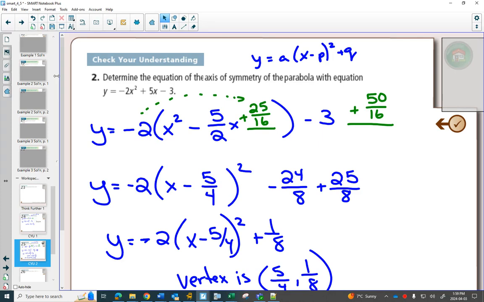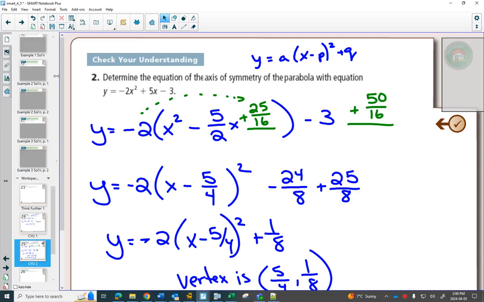Okay? And what you're going to find is probably an easier way of thinking about it is whatever you have here, the p is the opposite. If it was plus, then it's negative. If it's negative, then it's positive. Because if it's plus, I have a negative in the formula. The only way I could add is if I would subtract a negative.